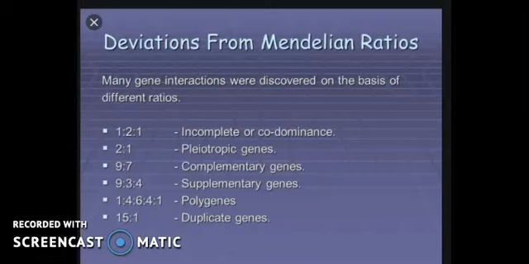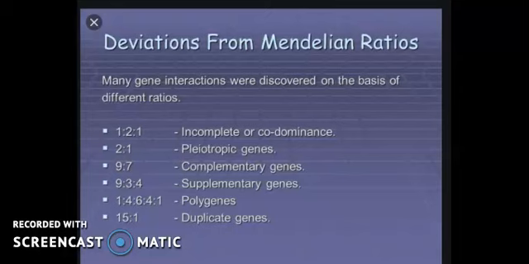Deviations from Mendelian ratios. Many geneticists repeated Mendel's experiment using other organisms and other characters. They observed many deviations or exceptions to the Mendelian ratios. These cannot be explained on the basis of Mendel's principles alone. They can be explained with suitable modification in Mendel's laws.